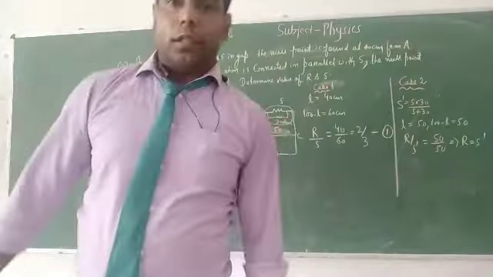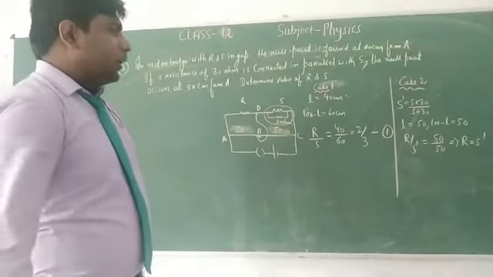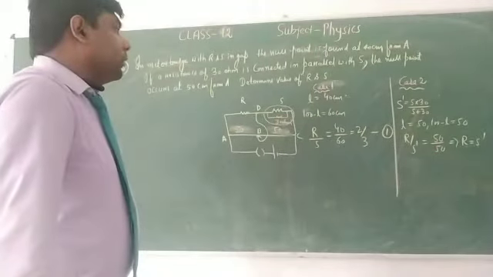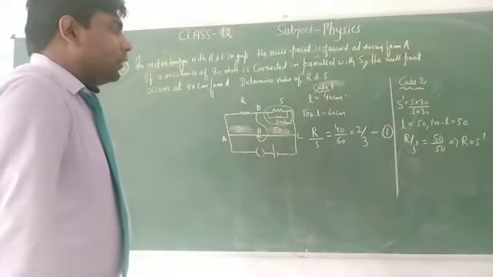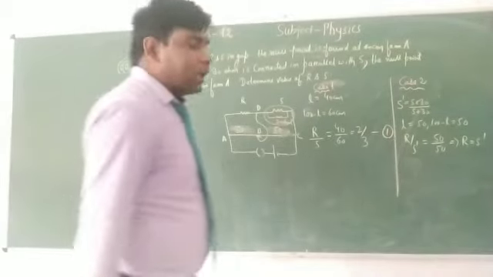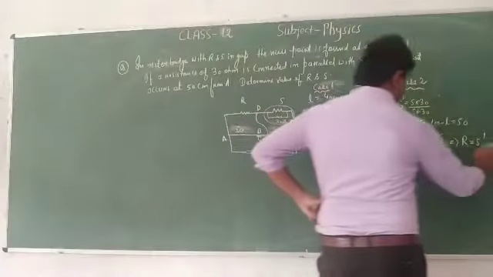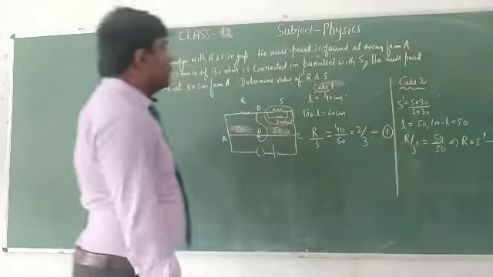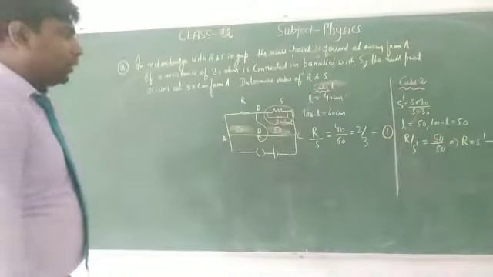Like in the second case we get the condition R by S dash equal to 1, where S dash is the parallel combination of two resistances, that is 30 ohm and S. So S dash equal to S into 30 divided by S plus 30. So we get the condition R equal to S dash. Right. What will we calculate? We will calculate the value of R and S.